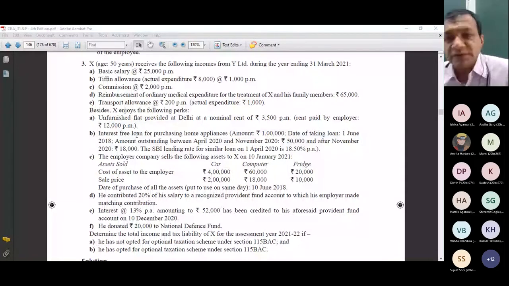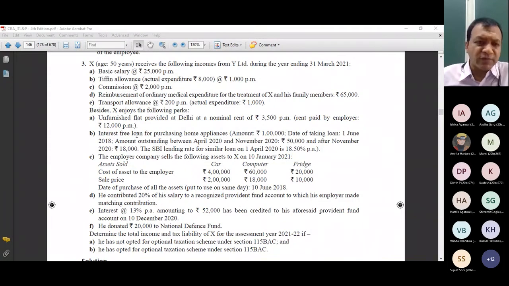That means it is my previous year 2021. Basic salary 25,000 per month. Tiffin allowance 1,000 per month. Actual expenditure, however, is 8,000. Can you tell me the tax treatment of this Tiffin allowance?